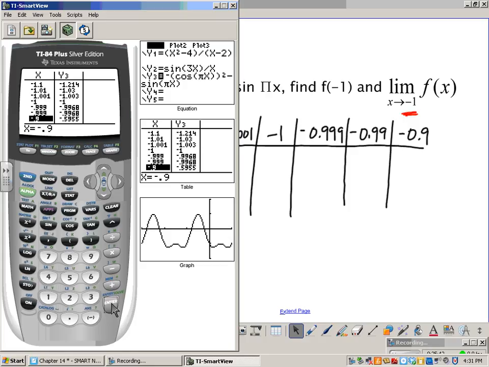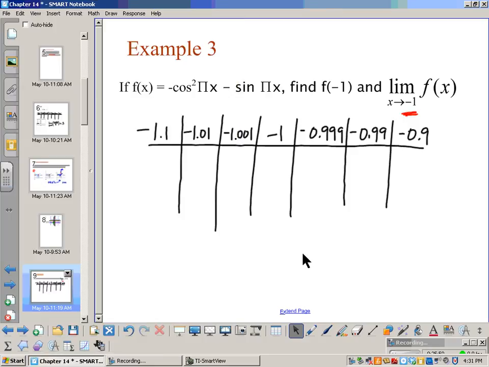So what you're going to start to notice is that for many of the examples we do, and mainly the polynomial and rational functions, if f of x is defined at x equals c, then the limit of f of x as x approaches c is going to be f of c. So in this case, what we found is evidence that the limit of f of x as x is approaching -1 is -1.